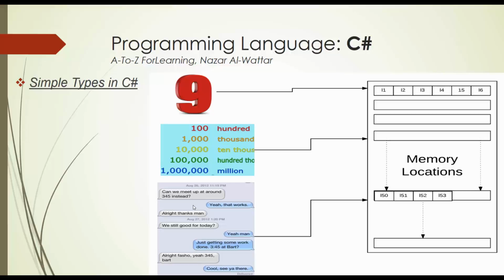Also, if we want to store text data, this type will use a different number of bits in the memory locations, which is different from the number of bits used to store a number like 9 or 100. Numbers in the memory locations are represented by zeros and ones, using the binary system.